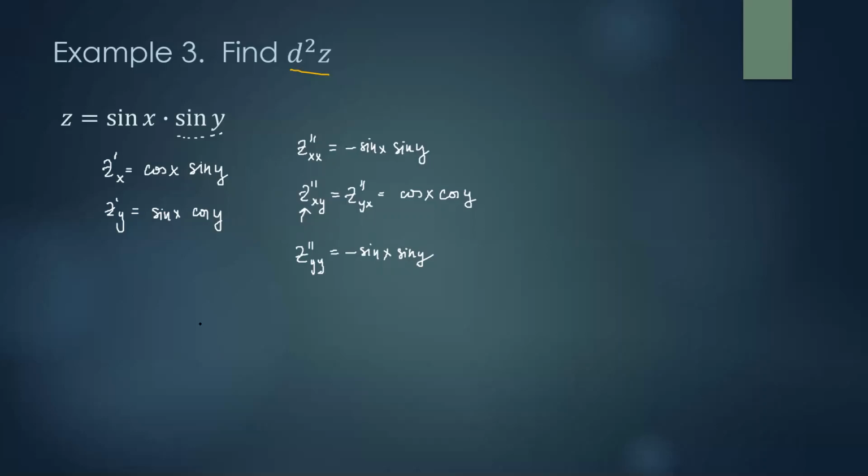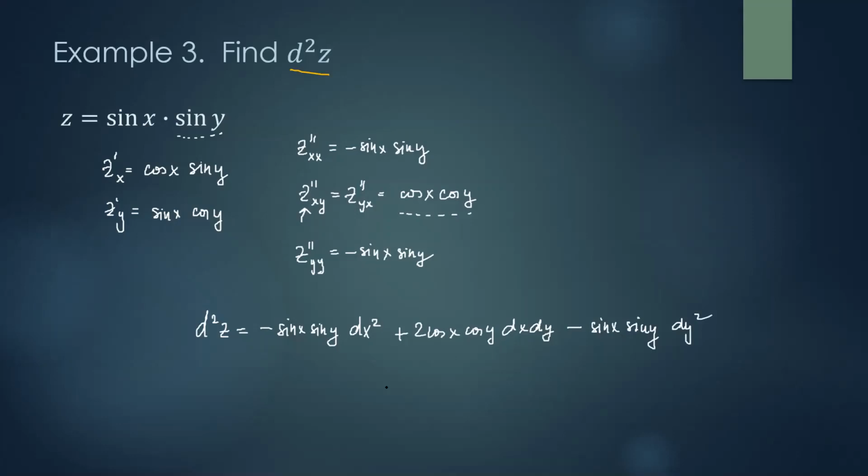And so the second order differential, d squared z: we take this multiplied by dx squared, minus sine x sine y dx squared, plus the double mixed derivative, 2 cosine x cosine y dx dy, both of these increments, and finally minus, because this is negative, sine x sine y dy squared.